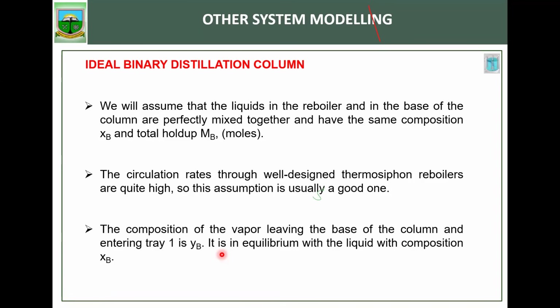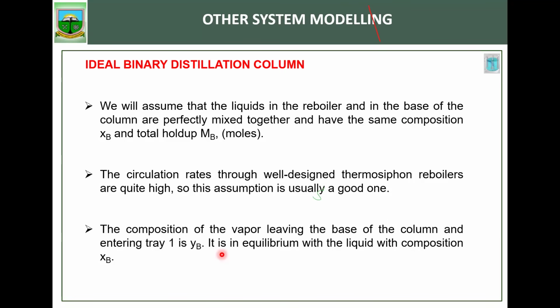Then we also assume that the liquid in the reboiler and the base of the column are perfectly mixed and have the same composition. The circulation rate through the reboiler is quite high, and this is very good in order to ensure perfect separation of lighter components in the reboiler.